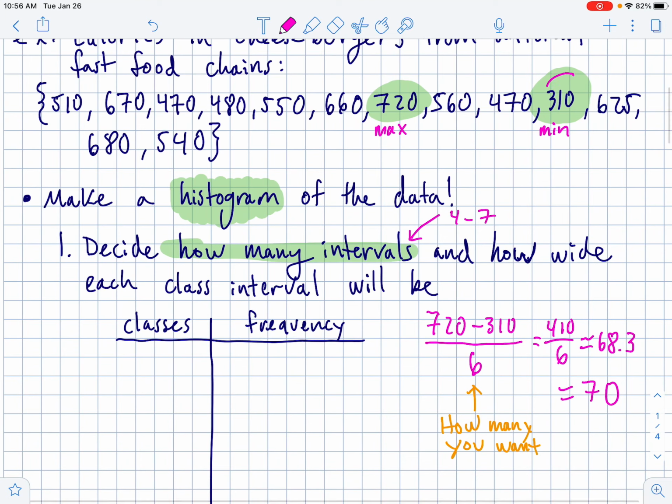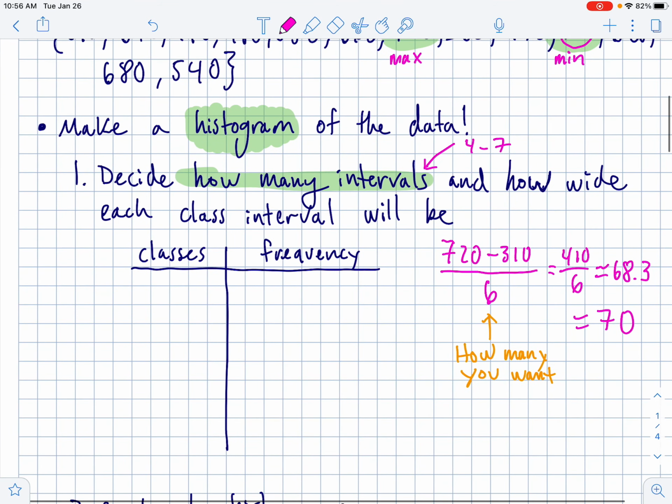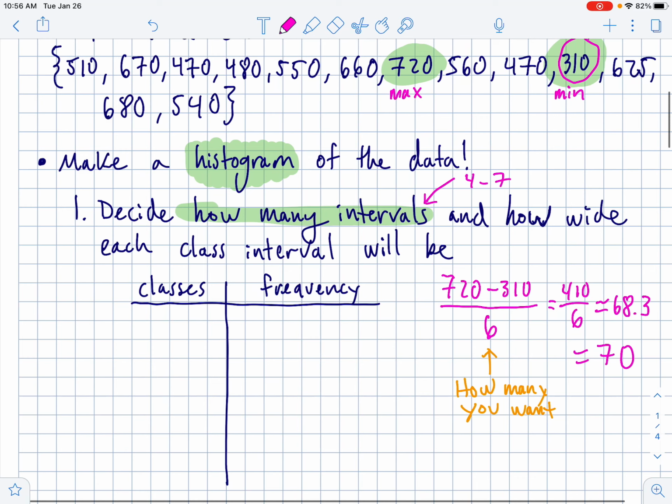Since the bottom number is around 300, you could start at 310 and go up by 70, or you could start at 300. It's kind of up to you. I'm going to start at 300 and go up by 70. So the first class is going to be 300 all the way up to, the next class will start at 370. So that means we go up to 369 calories for the first interval.